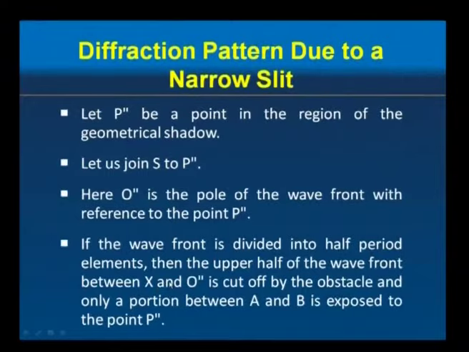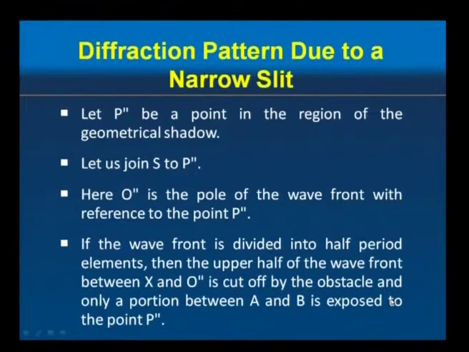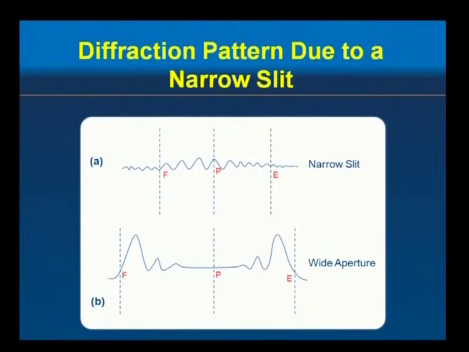If the wavefront is divided into half period elements, then the upper half of the wavefront between X and O prime is cut off by the obstacle, and only the portion between A and B is exposed to the point P double prime. Therefore, the diffraction pattern that you obtain due to a narrow slit will look like this.